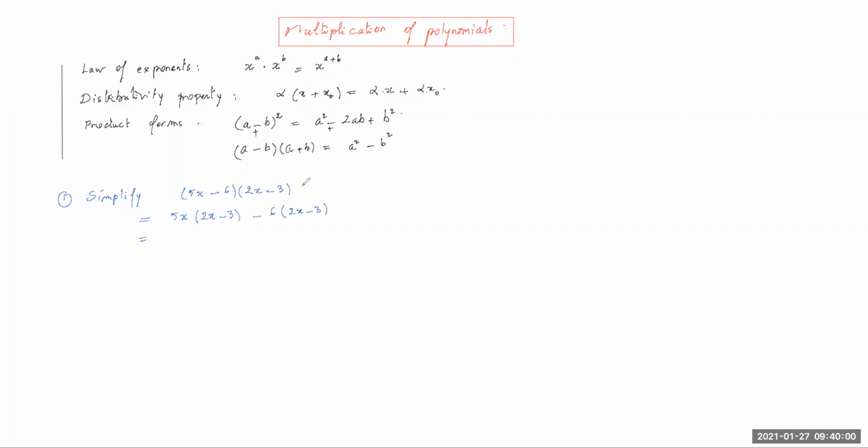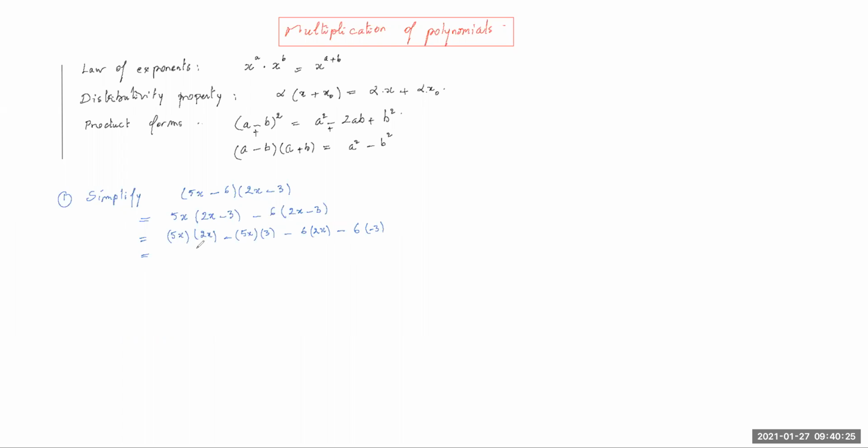Then I group 5x times 2x, minus 5x times 3. Here I'm writing everything in detail, but you don't have to. Minus, you keep minus 6 times minus 3. Then be careful, you group the constants.